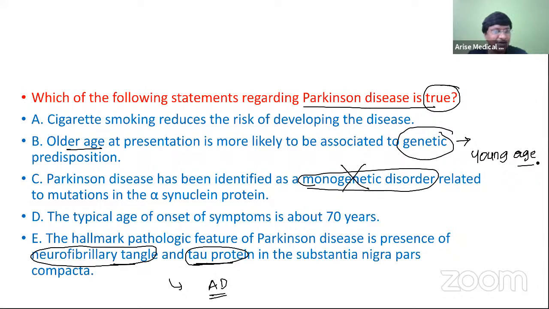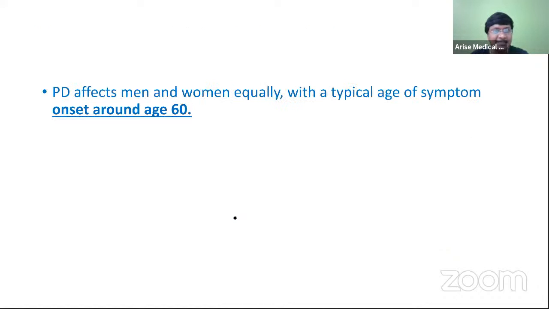Both options have been selected by different students. Arya Ajesh and Chandrasekharan selected that the typical age of onset of symptoms is 70 years. Let me tell you, the typical age of onset is around 60 years. It is not 70 years.